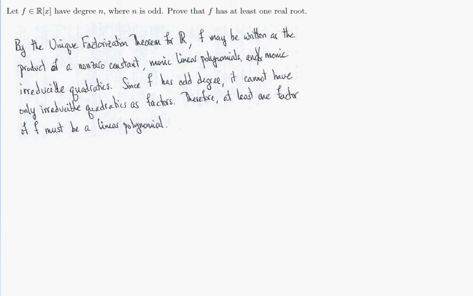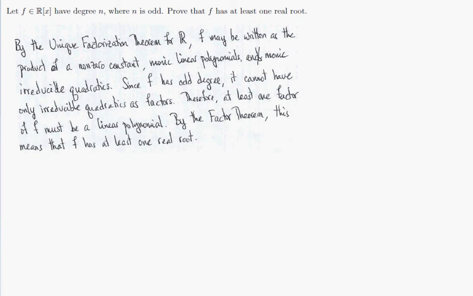That basically ends the proof, because by the factor theorem, since it has a linear factor, f must have at least one real root that corresponds to the x-intercept of that linear factor. And so that's the second proof based on the unique factorization theorem for polynomials over the real line, also using the factor theorem.